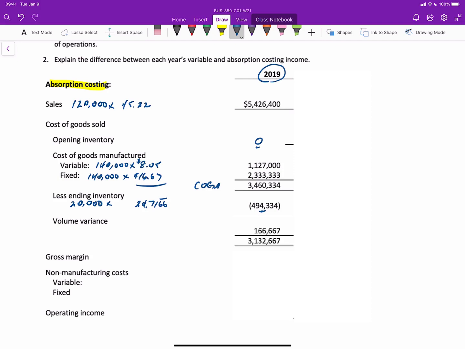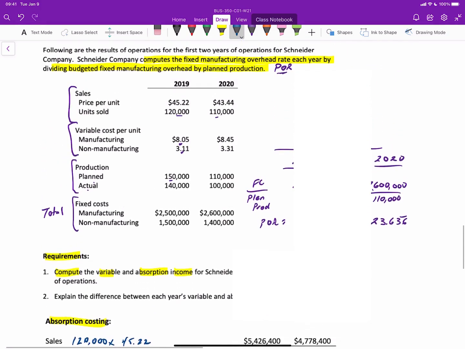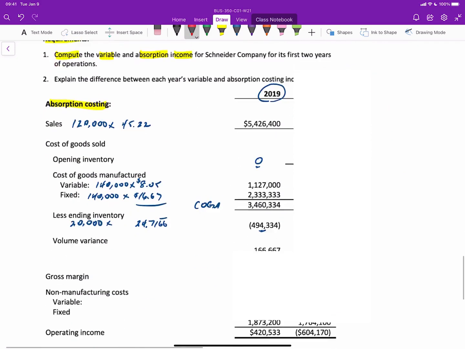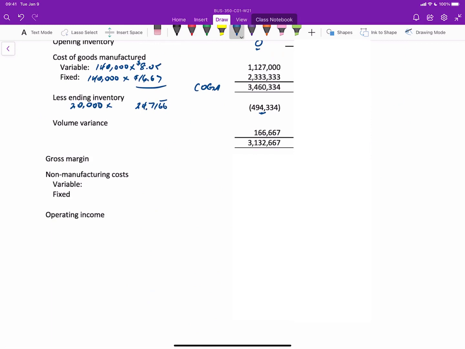And that gives you $494,334. Then we have this other thing here that's called a volume variance. So if I go back up to my data, you see here that planned production of 150,000 units exceeds actual production of 140,000, resulting in a variance of 10,000 units. And I need to account for that because otherwise I won't be capturing all of the fixed costs. The volume variance, 2019, is 10,000 units.